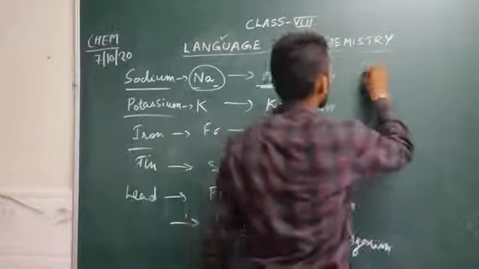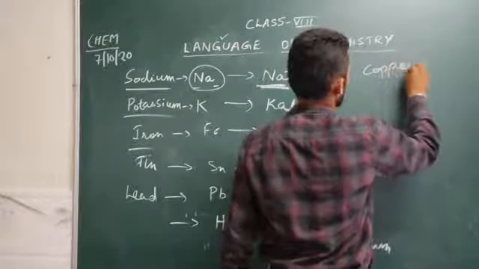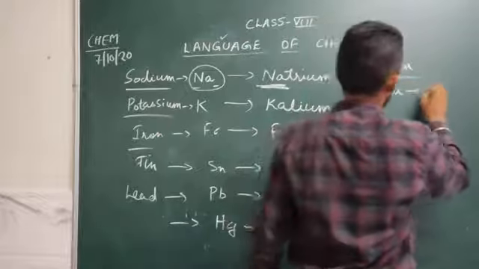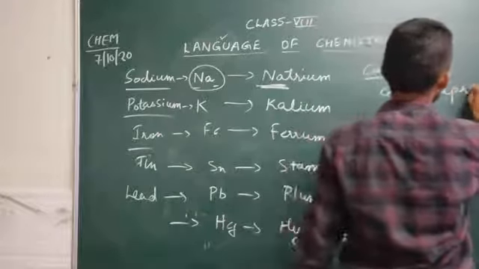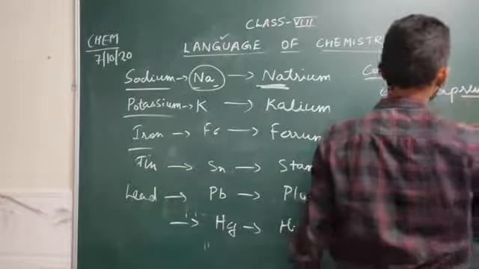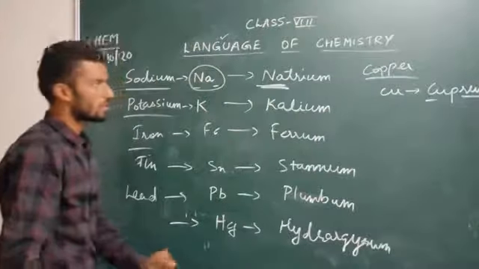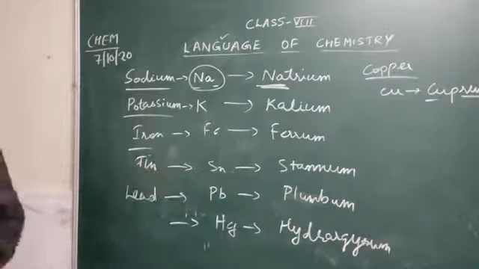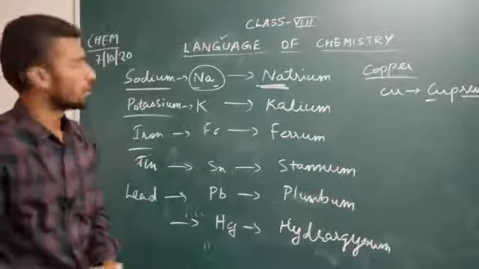Similarly, for copper, the symbol is Cu, and the name which was earlier used was cuprum. So based on this very fact, the Latin names, these symbols have been derived.